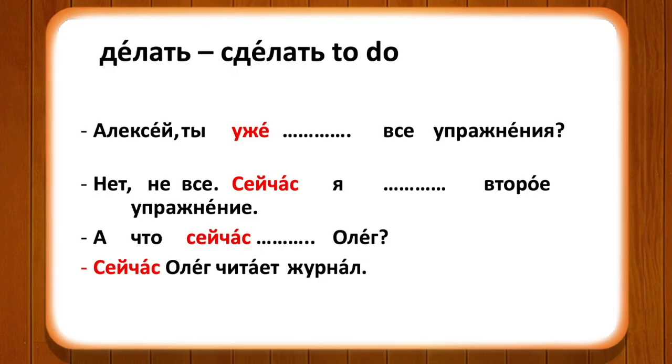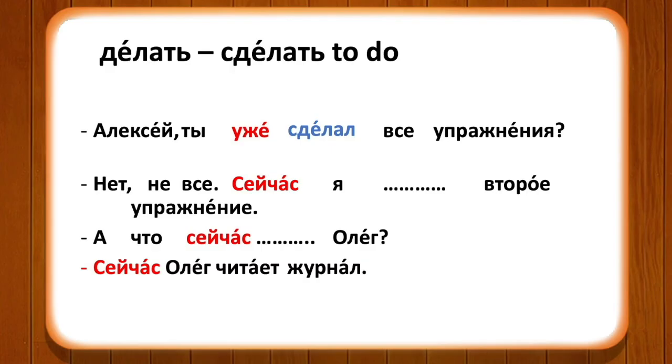So ты сделал. It would be used in past tense because have you already done all the exercises? That is past tense, and Алексей is the name of a boy, so you will be using the past tense form in the masculine. Алексей, ты уже сделал все упражнения?